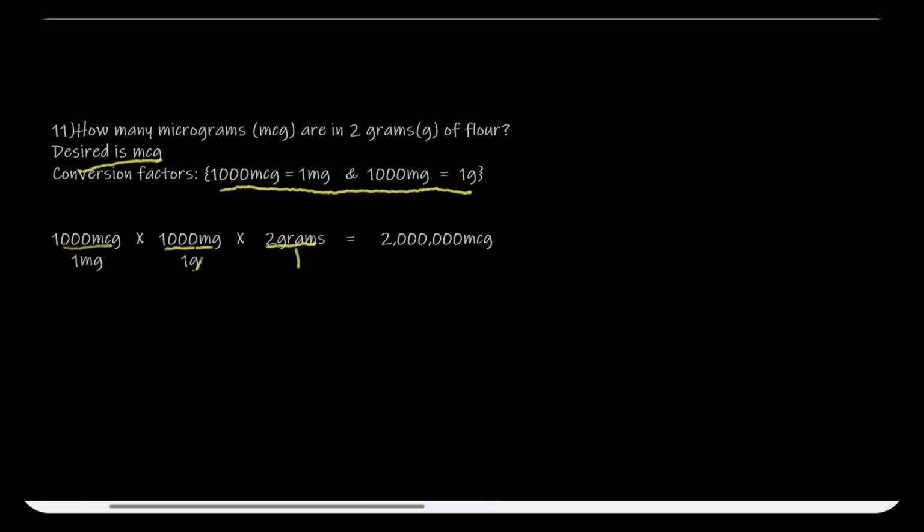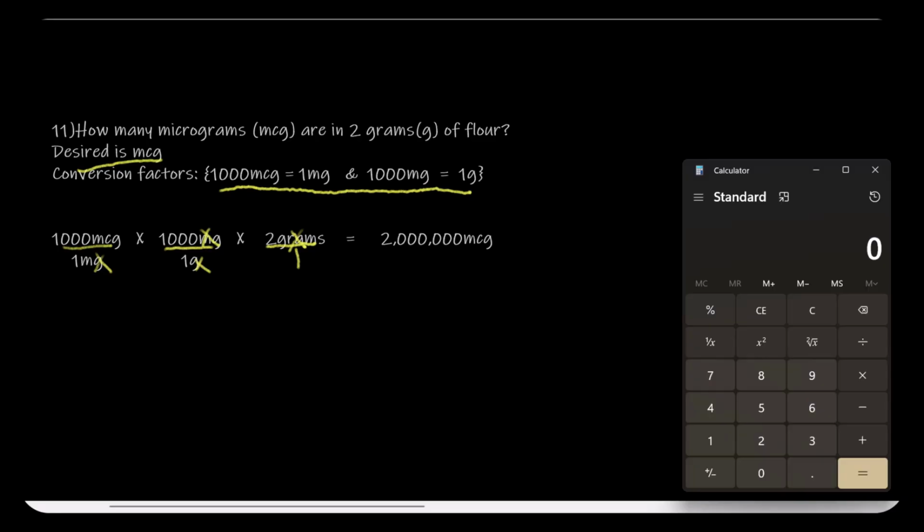Next, we cross-cancel our unwanted units. Grams cross-cancel, milligrams cross-cancel, and we are left with micrograms in the numerator position. Next, we multiply across. 1,000 times 1,000 times 2 gives us 2 million micrograms for our answer.